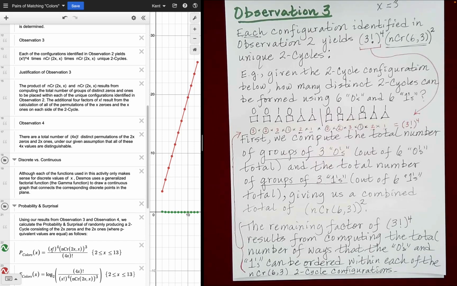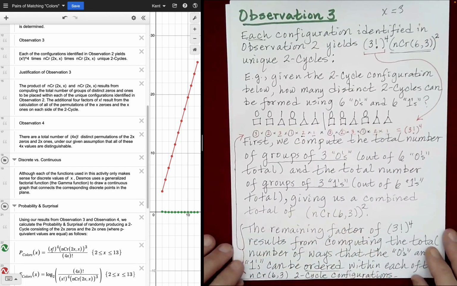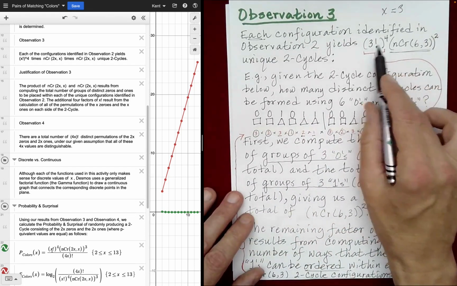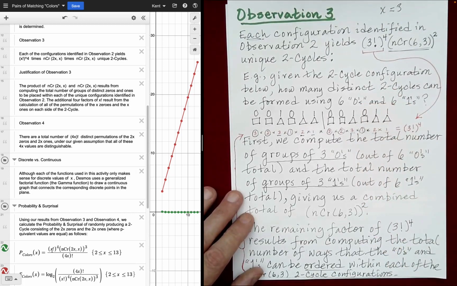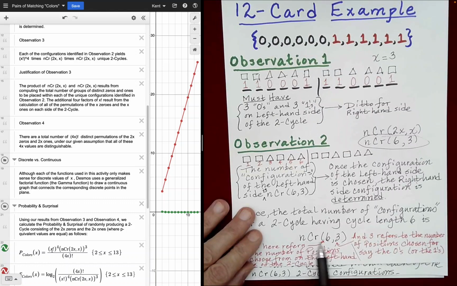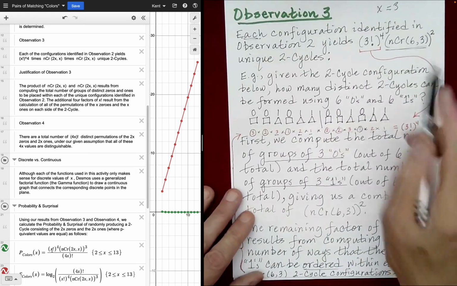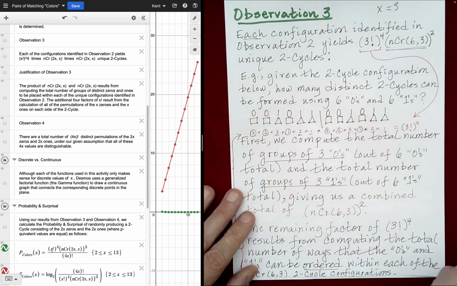Now, to get the total number of 2 cycles, all we need to do is multiply our answer here by our previous answer here. Remember, this is the total number of configurations or skeletal structures, and this is the total number of 2 cycles for each of those configurations.